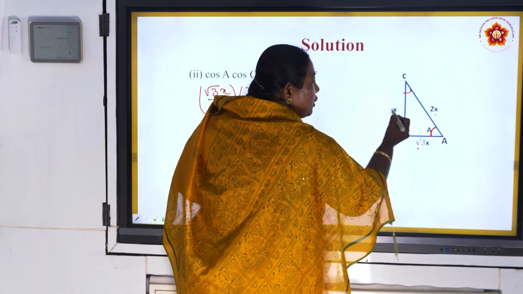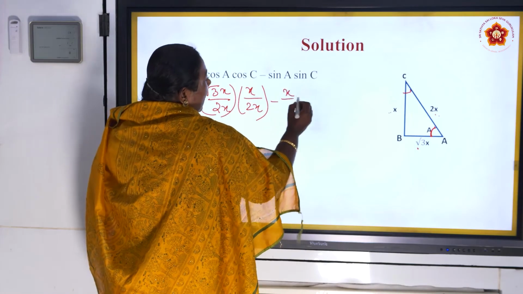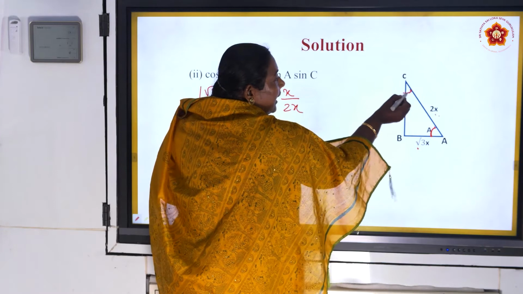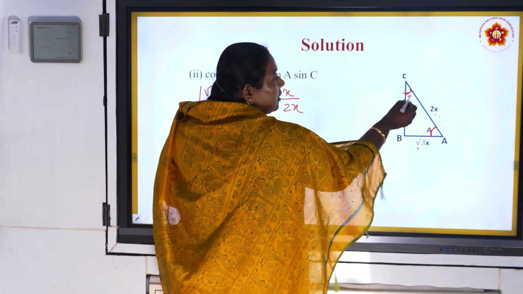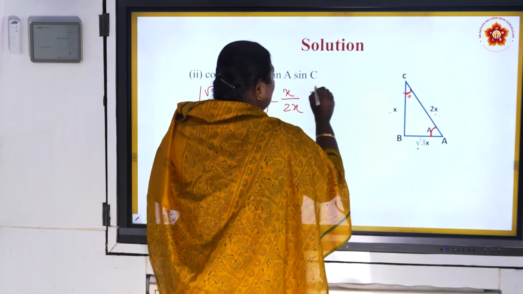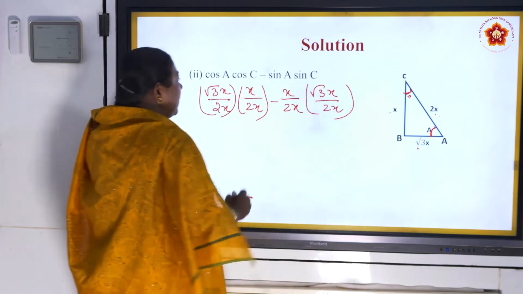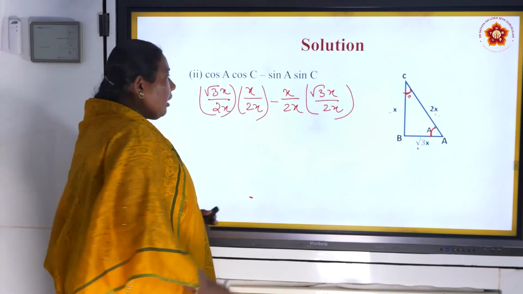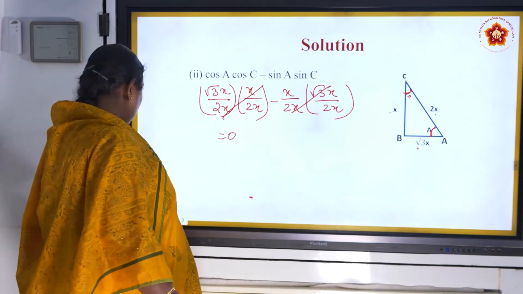Sin A, opposite by hypotenuse, that means x by 2x. Now sin C. Sin C, I have to stand here. Sin means opposite, so opposite is root 3x by 2x. So here root 3x by 2x and x by 2x, both are the same, so I can cancel it. I'll get the answer as 0.